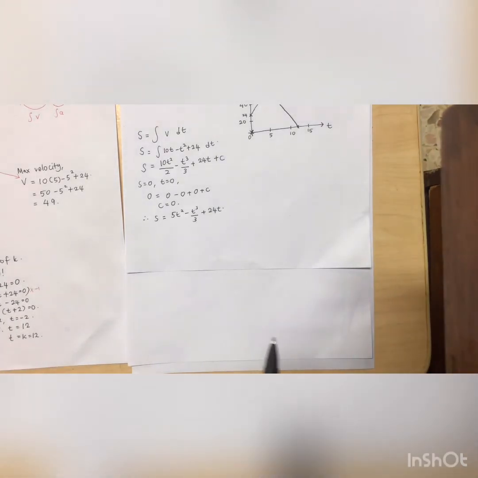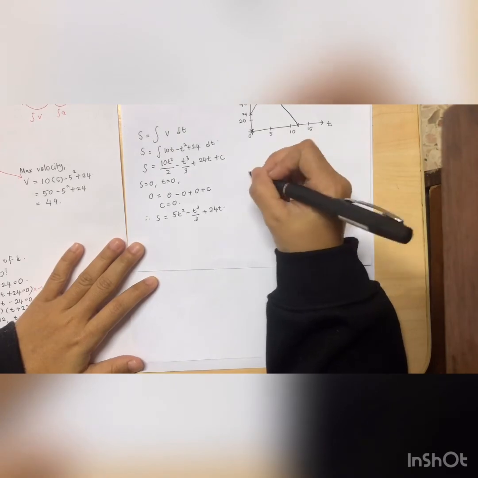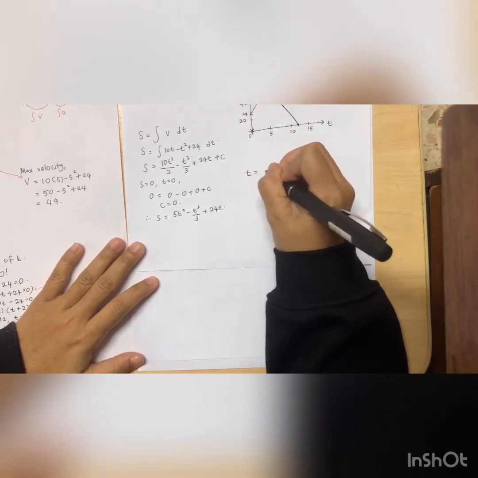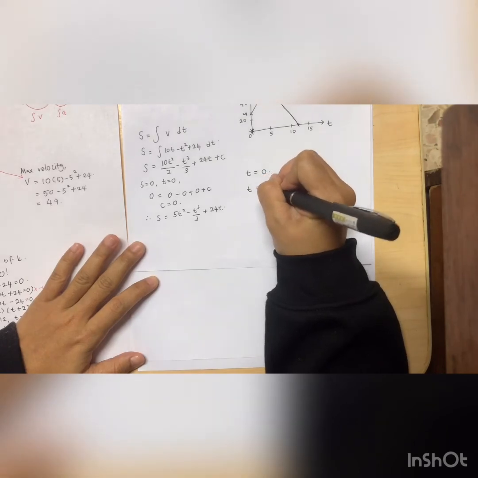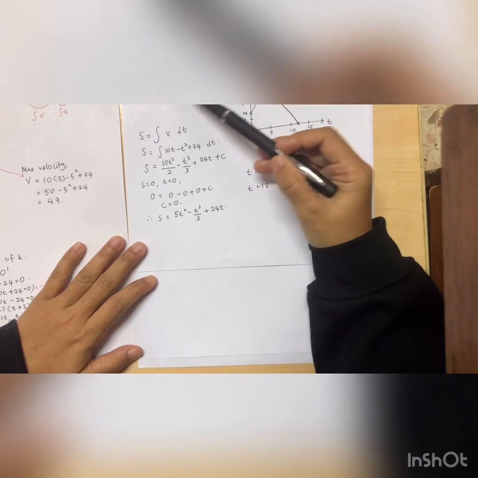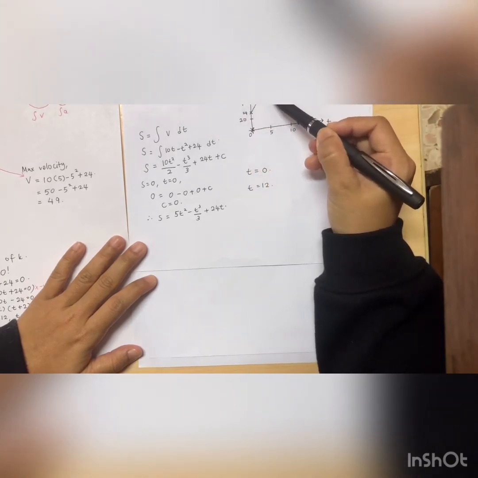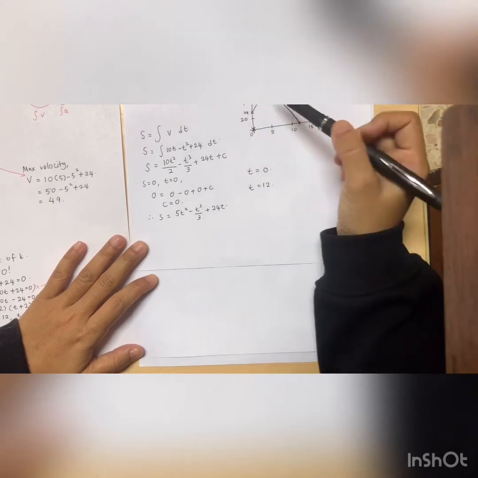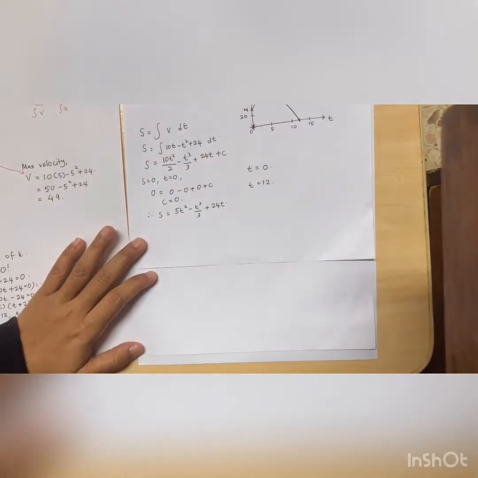Now, calculate the total distance traveled during that period. In this case, we have to find the time first, so time 0 and time 12. But before that, we get the maximum value of v when a equals 0, then t equals 5.